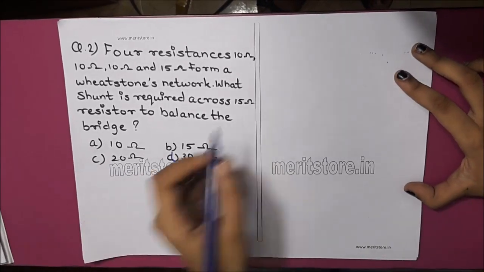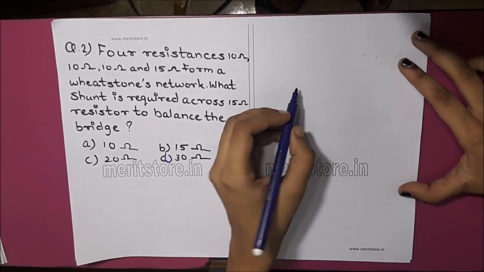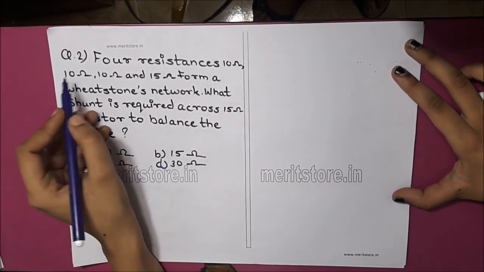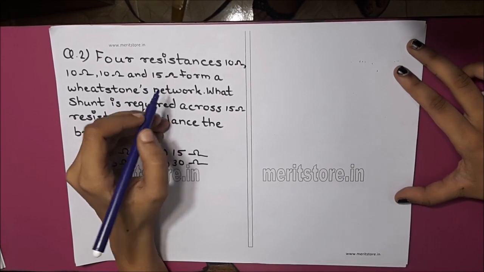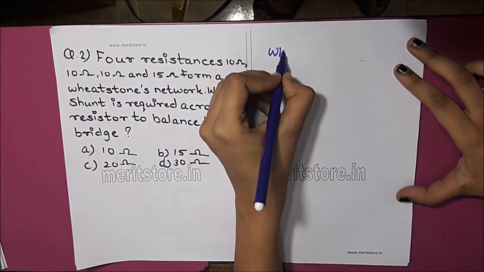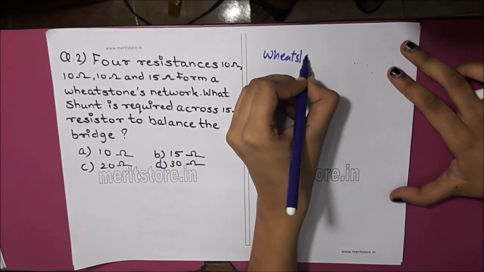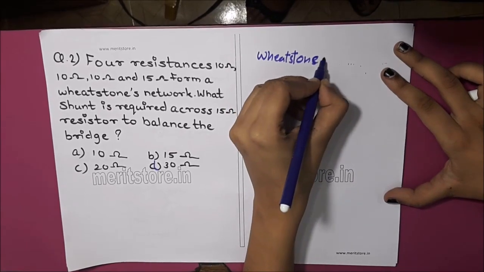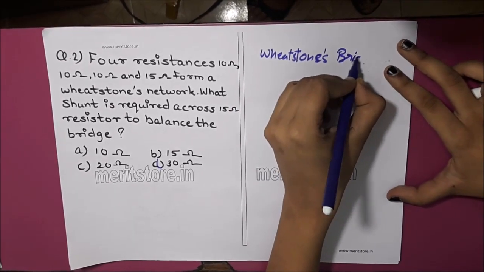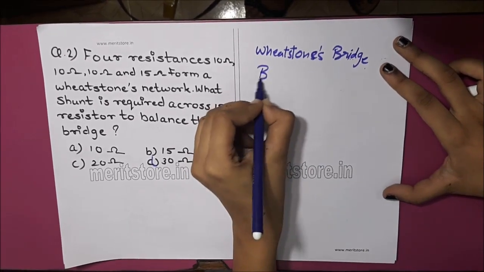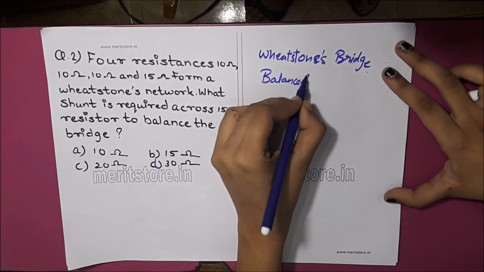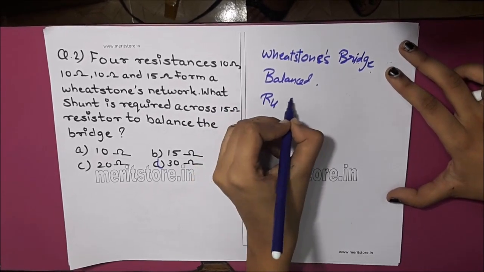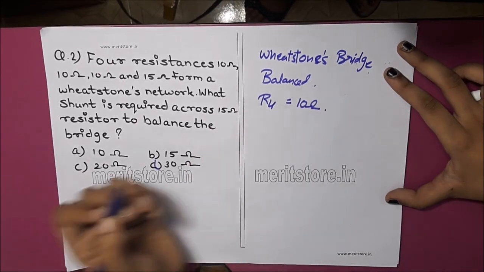So over here, we have been given 4 resistances as 10, 10, 10 and 15. But if we wanted this Wheatstone's bridge to be balanced, R4 should have been 10 ohm.